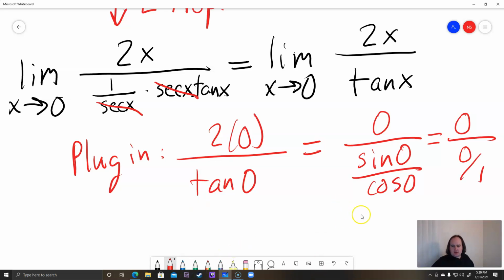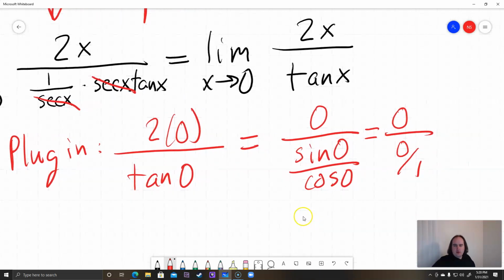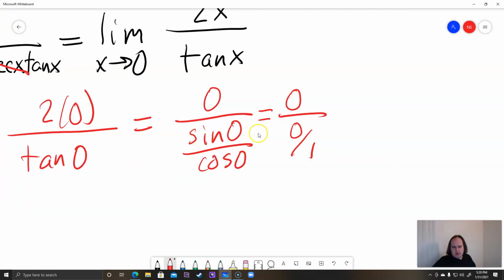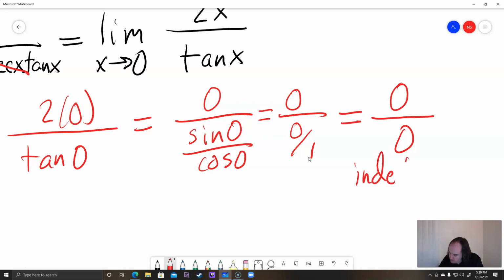The reason I'm writing it out is in case you get confused about these things. So this gives us 0 on the top and 0 on the bottom, which is indeterminate.